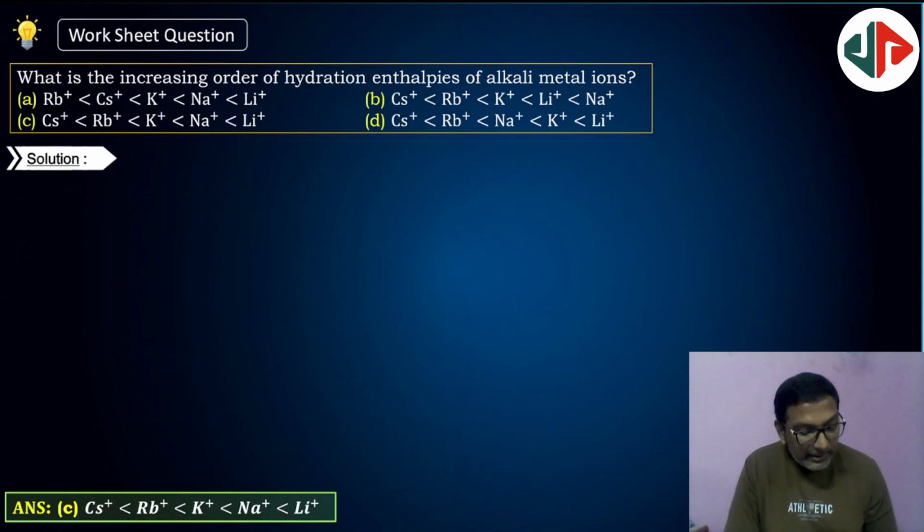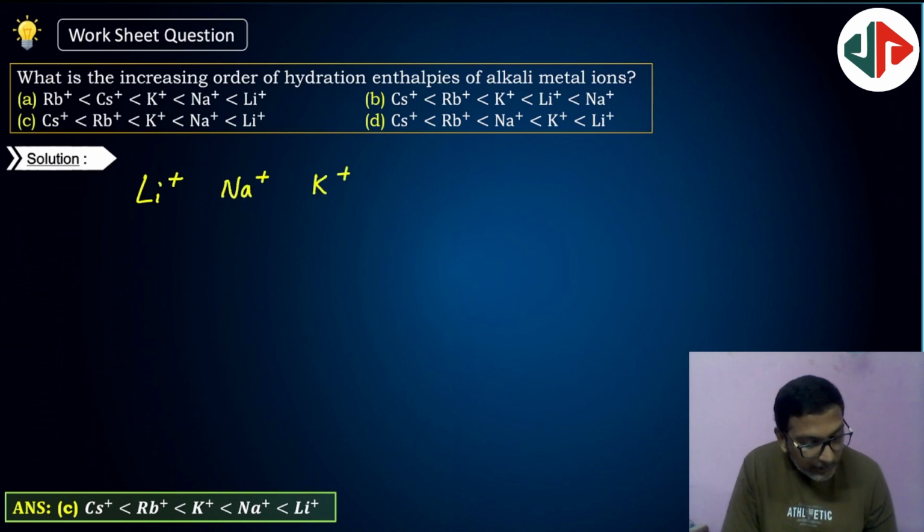What is the increasing order of hydration enthalpies of alkali metal ions? Lithium, sodium, potassium, rubidium, cesium. Hydration means aqueous.